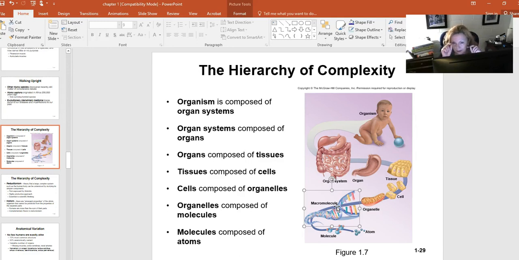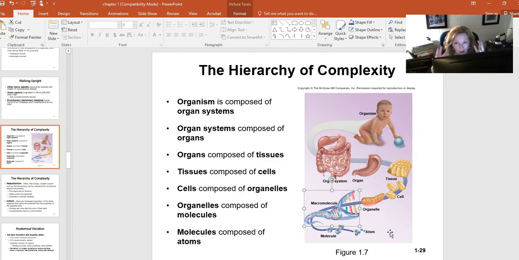I'm almost done. These macromolecules are actually made of smaller molecules, and molecules are made of two or more atoms of elements. Elements being the smallest thing that we know that has unique properties. I'll give you four examples of elements: hydrogen, oxygen, carbon, and nitrogen.